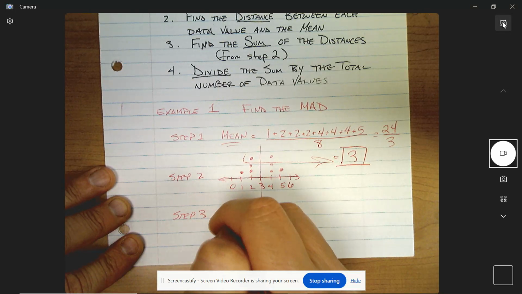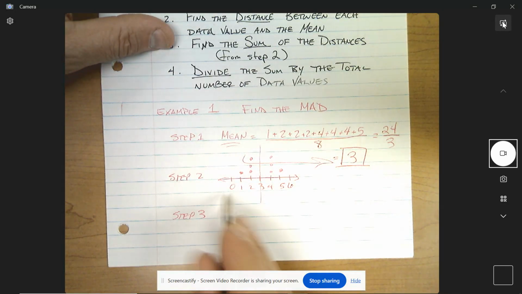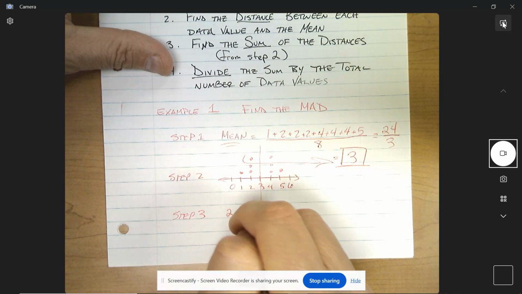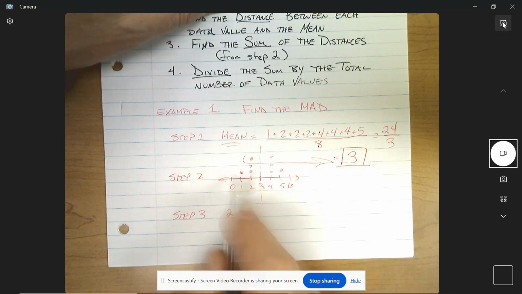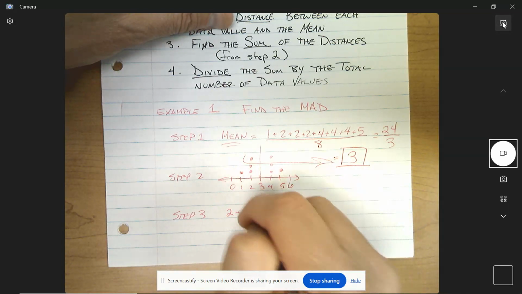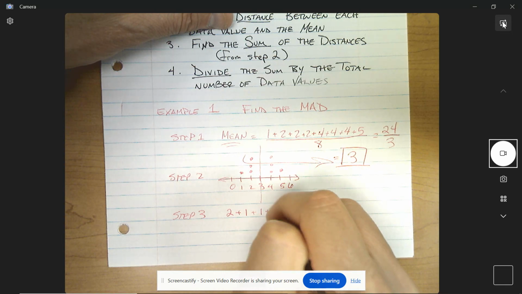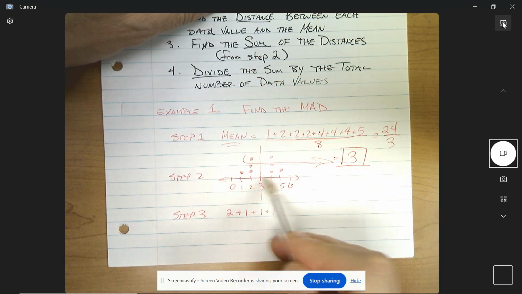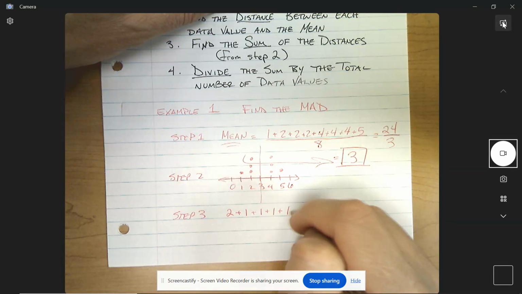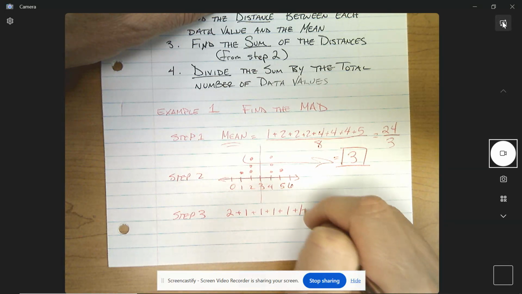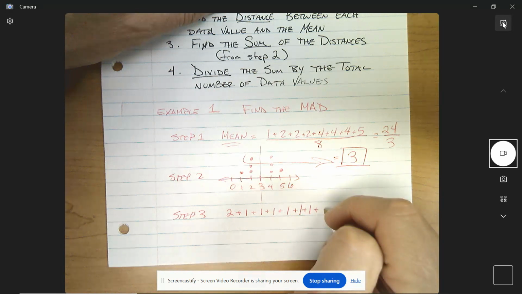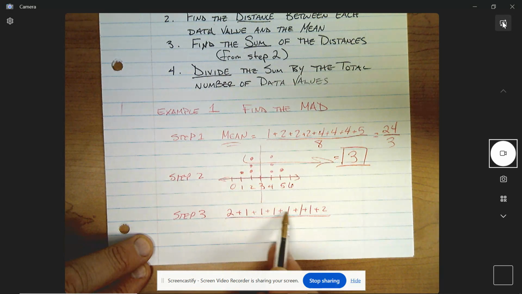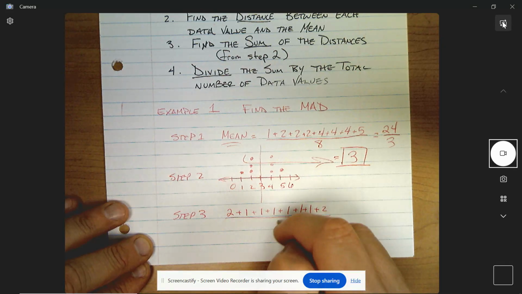Our distance from is, that is 2 away. And then we have 3 of these that are 1 away. We have these 3 that are 1 away. And then we have that one that's 2 away. So all these numbers, 1, 2, 3, 4, 5, 6, 7, 8. We still have these 8 numbers.